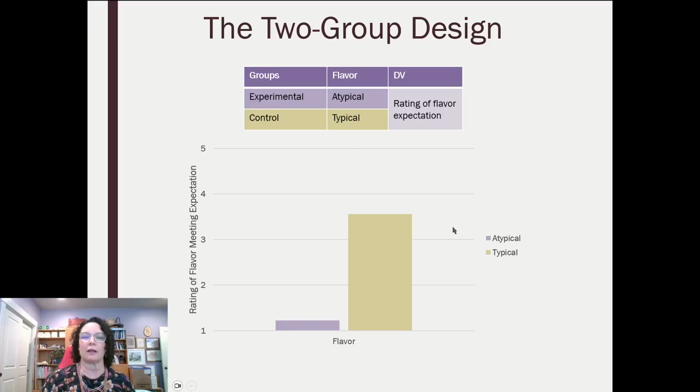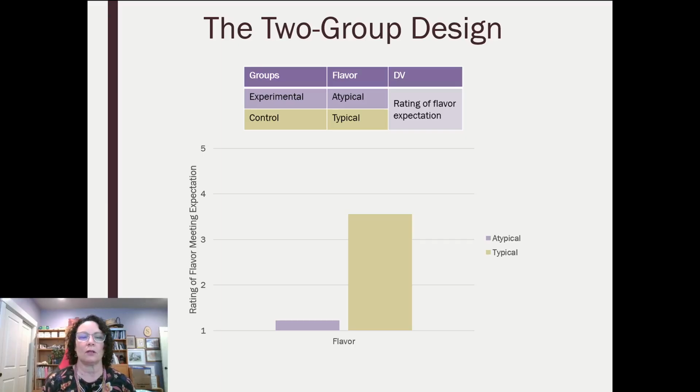And then I made a graph out of the results so that you can see the rating of flavor meeting expectation from 1, not at all, up to 5. The atypical is in the lavender and the typical flavor is in the buff color. We can see that the atypical is about as close to the floor as you can get. The 1 is the lowest rating and they are just barely above 1.